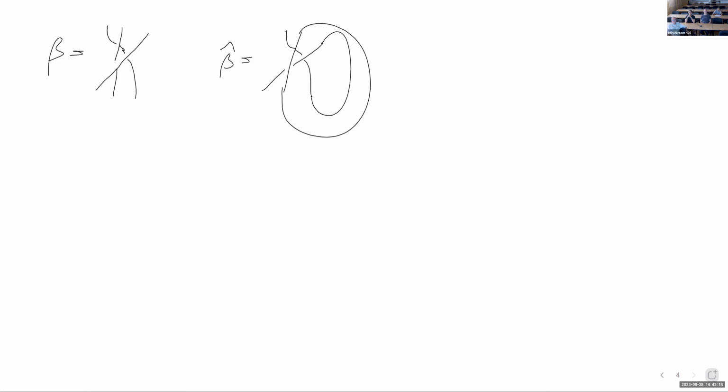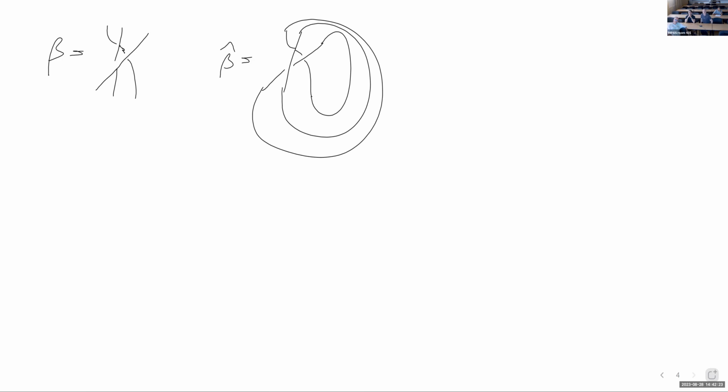So you can have a braid beta, I'm going to be lazy here, like this, and then you can close it, which in this case means you connect the ends like this, and then you obtain a link.